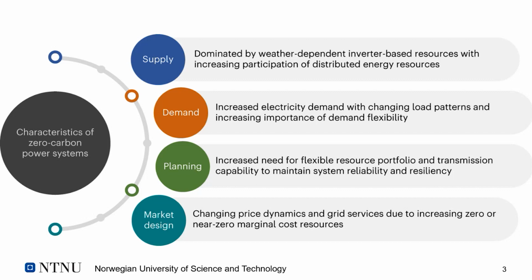The supply will go from fossil-based thermal generation towards being dominated by variable renewable sources, not the sole ingredient, but the major part, and most of it will be connected with inverters, making system stability a different and more challenging issue than we've seen before. The demand will both change and increase due to electrification.